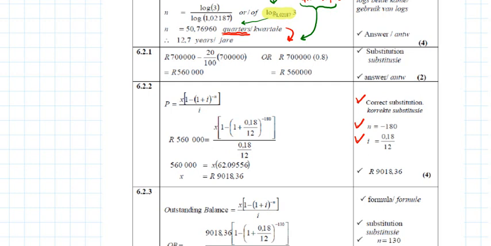We know the amount of the loan, which is 80% of 700,000, and x is missing, so just find the answer with the calculator, cross multiply and divide. Round off to 2 decimal places correctly. So for 15 years, she will pay every month 9,000 rand.